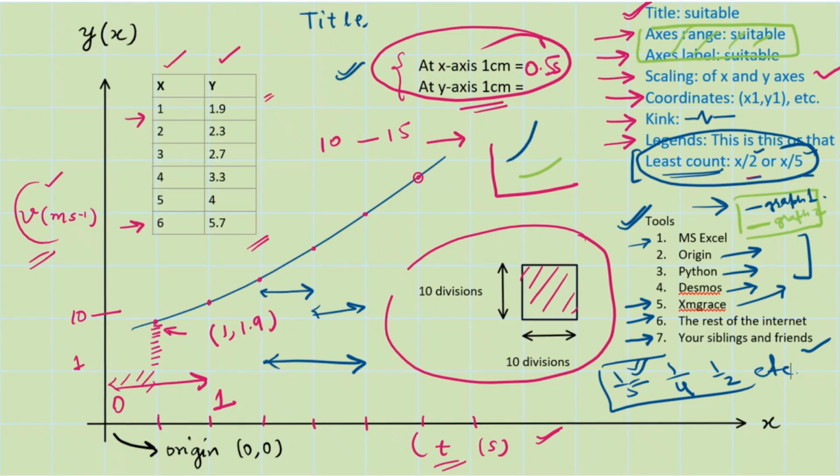Wait. I forgot to tell you something. Before plotting your data, you must round it off accordingly. Like, you can't plot 1.95 on this data set. You know that, because you have only 10 divisions between 0 and 1.